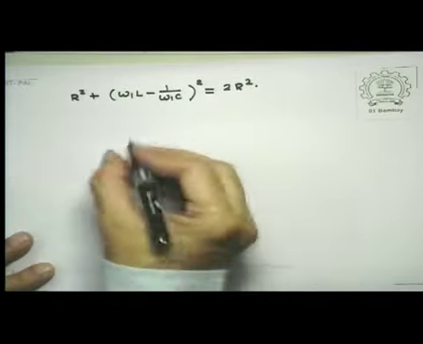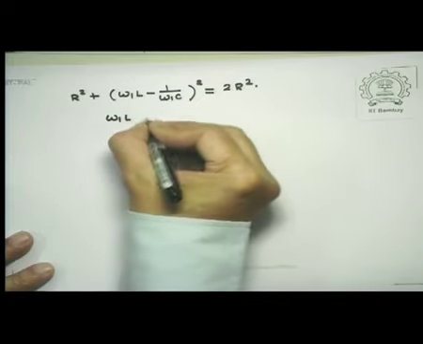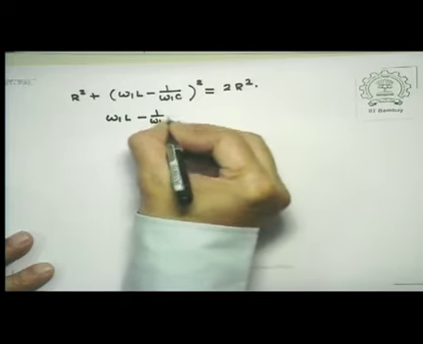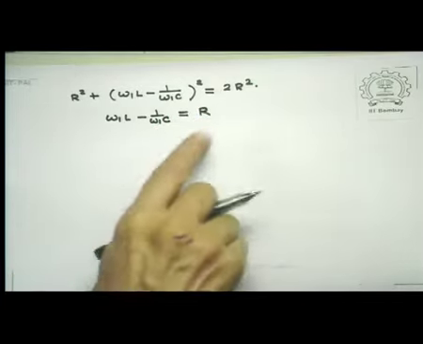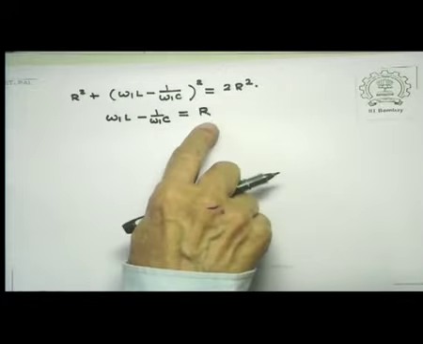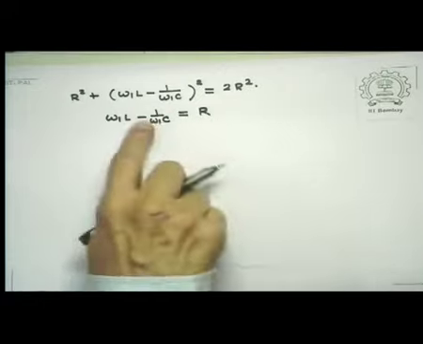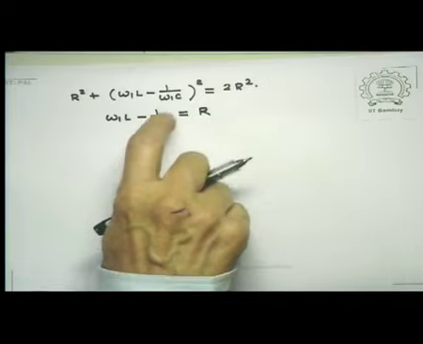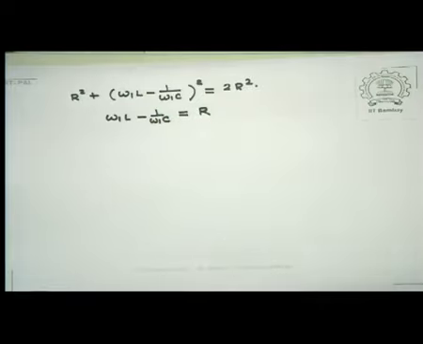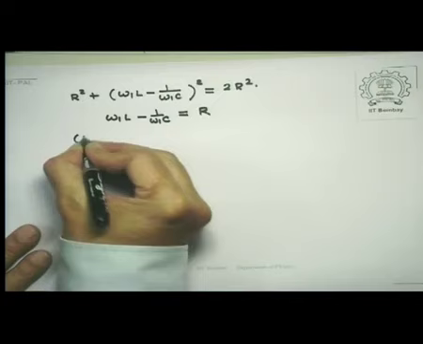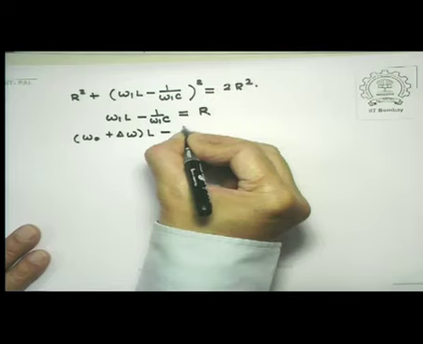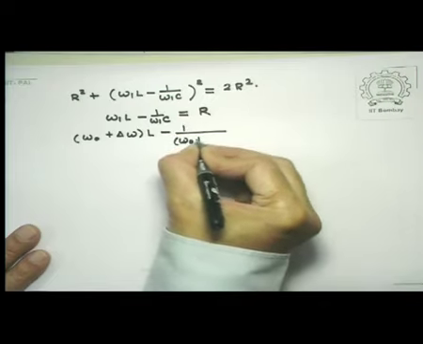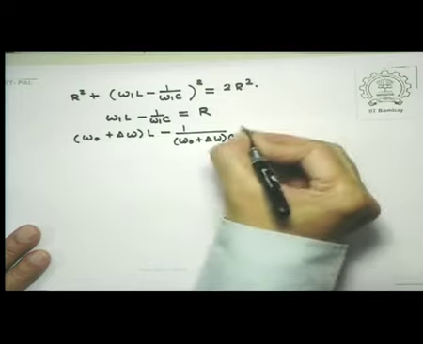And so that tells me that omega 1 L minus 1 over omega 1 C is equal to R. Of course, the solution of this equation is plus or minus R, and it would depend upon which one to take, depending upon whether the inductive reactance is greater or the capacitive reactance is greater. But I already know that omega 1 is omega 0 plus delta omega. So this times L minus 1 over omega 0 plus delta omega times C is equal to R.